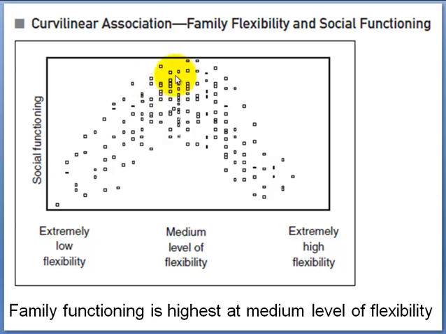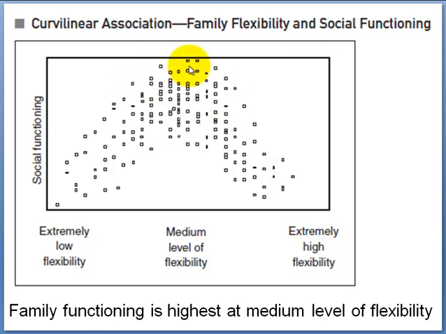Now then we're moving up into middle levels of flexibility. So these families have consistency, guidelines, rules, but they also have the ability perhaps to adapt to different situations and to shift those rules some when necessary. So what are our social functioning scores for families in this middle level of flexibility?